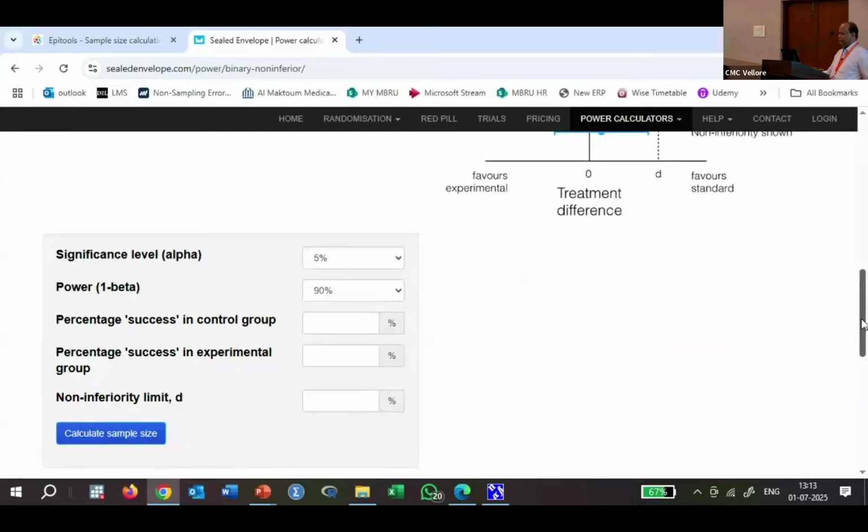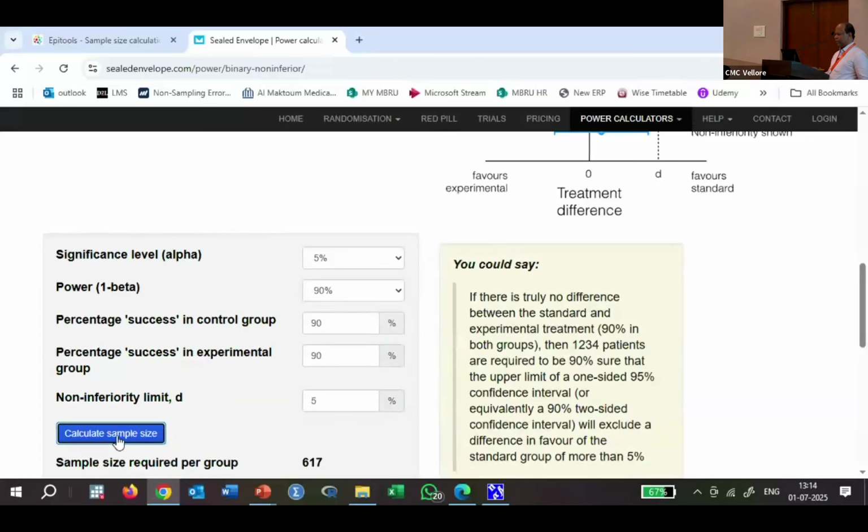Very simple. 5%. Say again. Let's see. You wanted to put 95 or whatever? No, we just say that. Okay, let's see what happens. Maybe you are right.